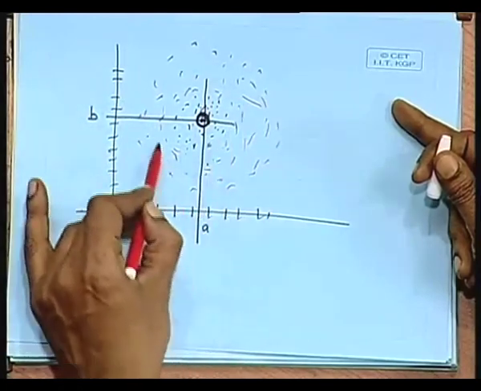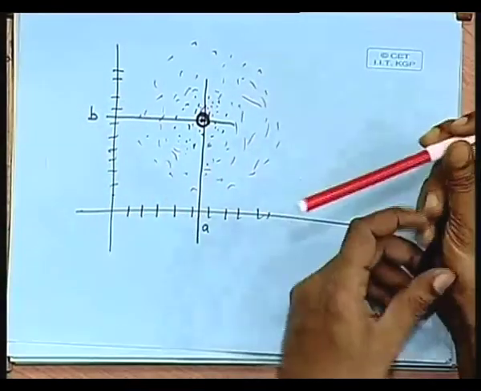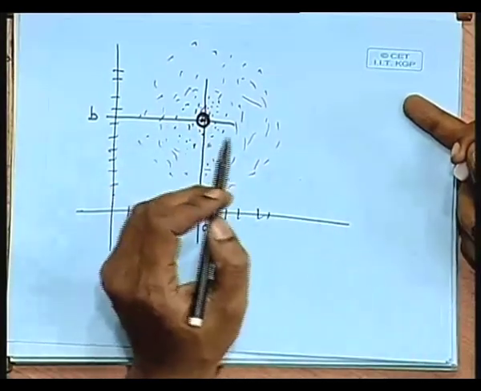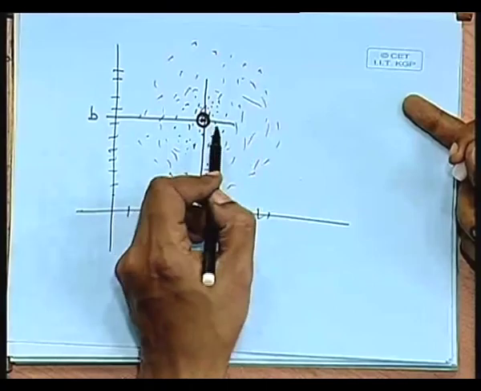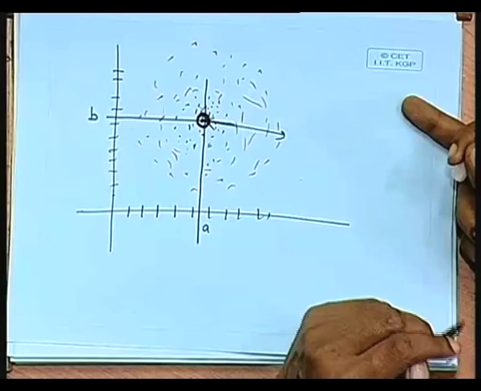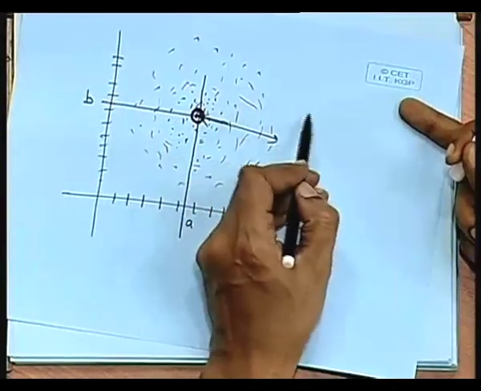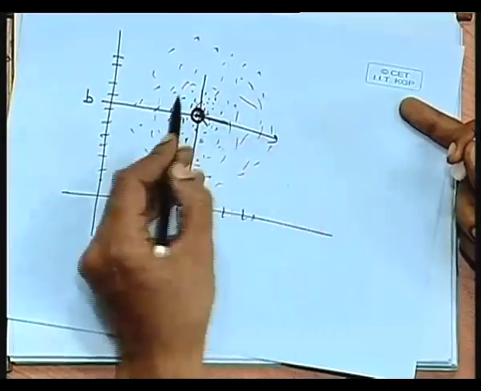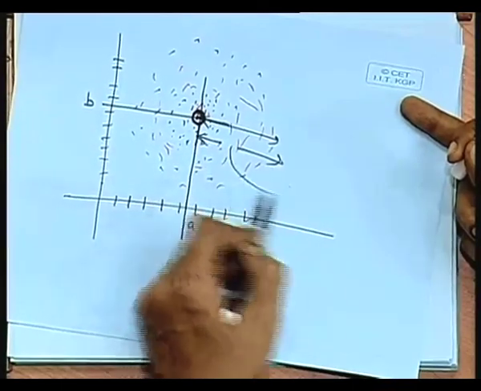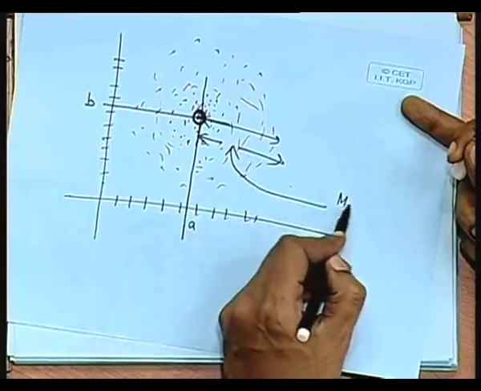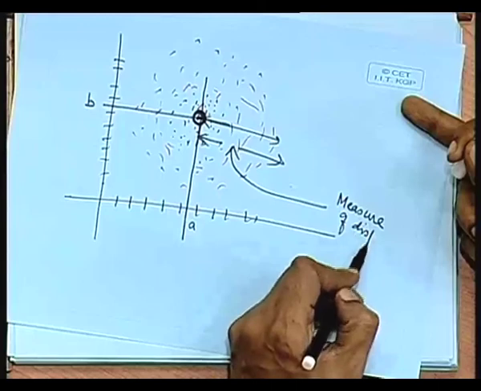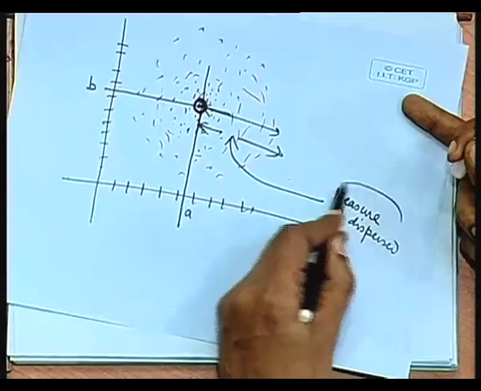So it is not just enough to know that they are spread out around the point (A, B), it is also important to know in general how much they are spread out from it. We need to know what is known as a measure of dispersion. So how much they are dispersed around the point (A, B).